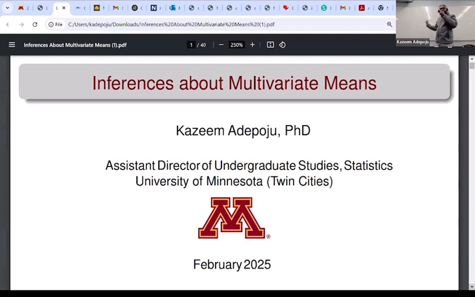They could simultaneously make a claim that, under the H naught, the average score in math is 92, the average score in science is 87, and the average score in reading is 88. We can actually make this particular claim.